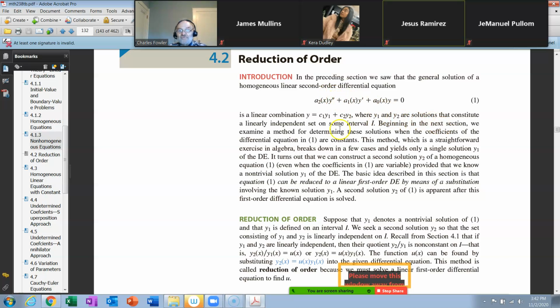These are both solutions that constitute a linearly independent set on some interval I. Now, beginning in the next section, 4.3, we will examine a method for determining those solutions.